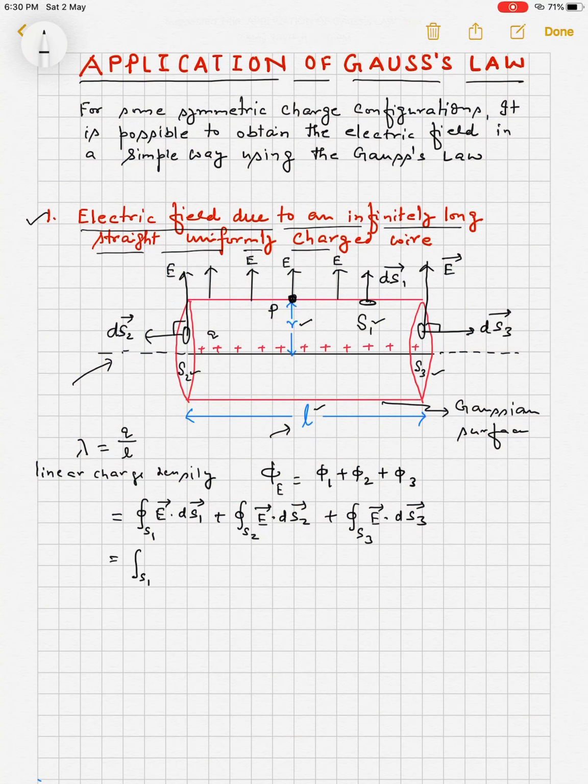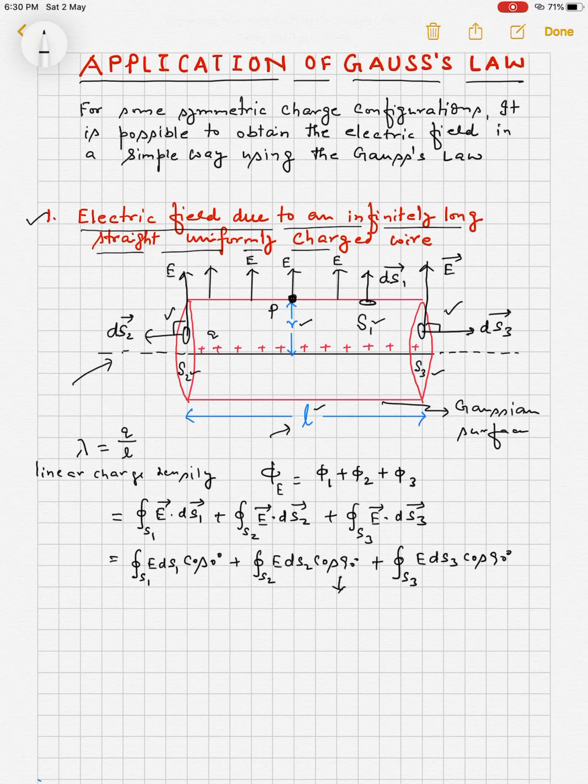Now we write integration over the surface S1 of E ds1 cos 0 degree, because the angle between E and ds1 is 0 degree, plus integration over the surface S2 of E ds2 cos 90 degree, because the angle between E and ds2 is 90, plus integration over the surface S3 of E ds3 cos 90.